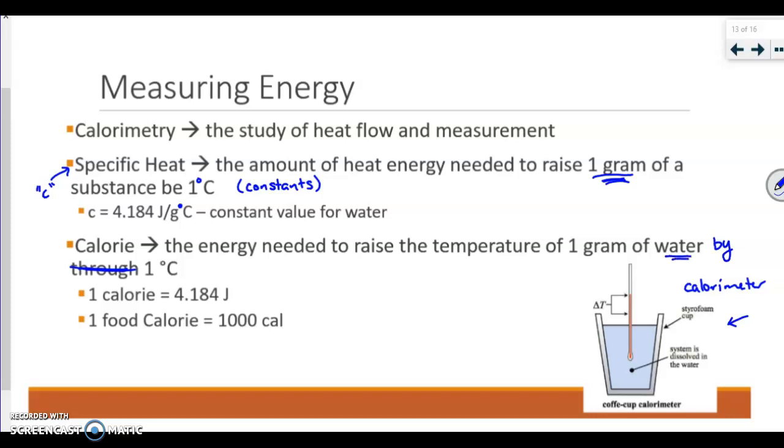And also notice that 1 calorie equals 4.18 joules, where the specific heat value for water was also 4.18. In case you're confused about what a joule is, it is the SI unit for energy, very similar to how grams is the unit for mass.